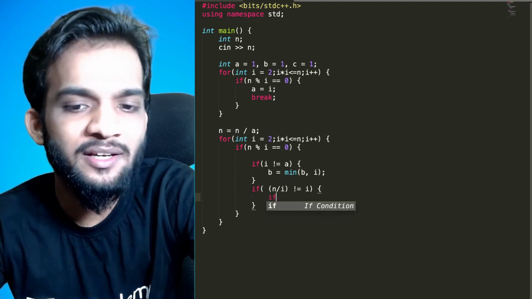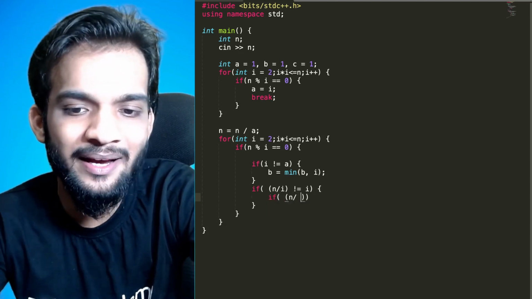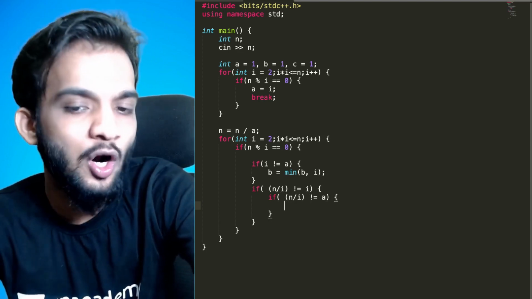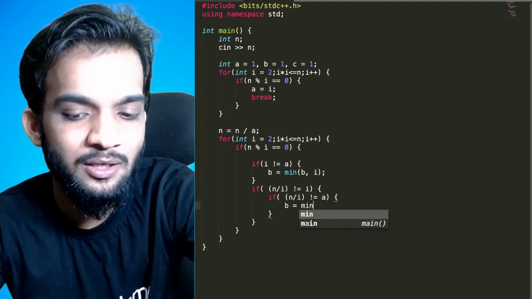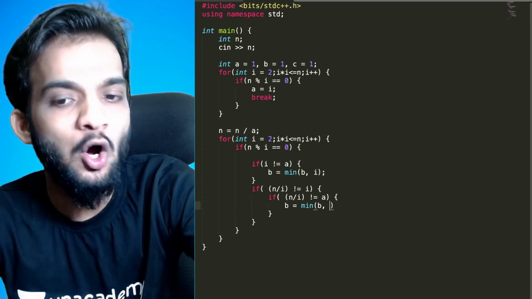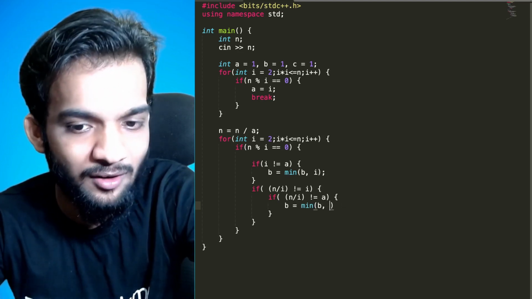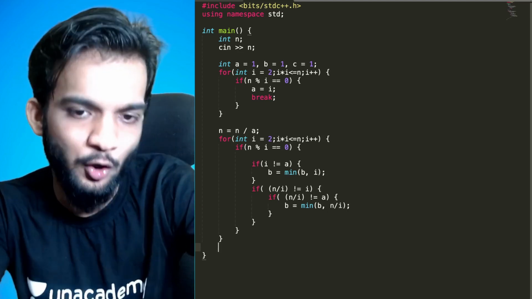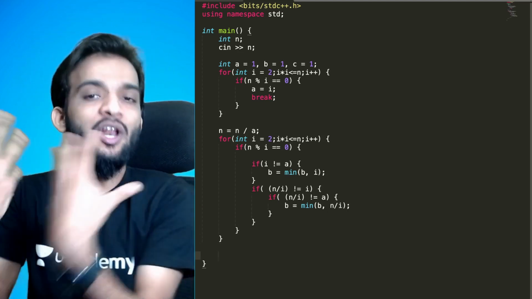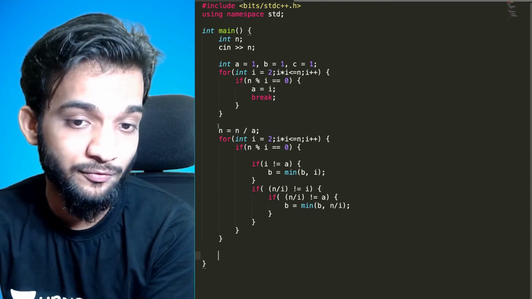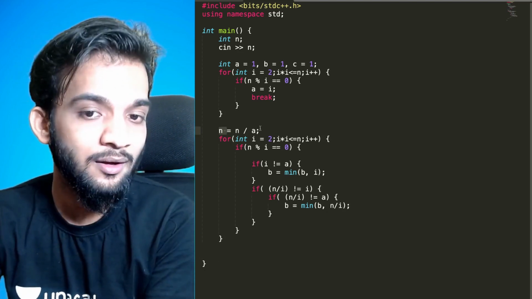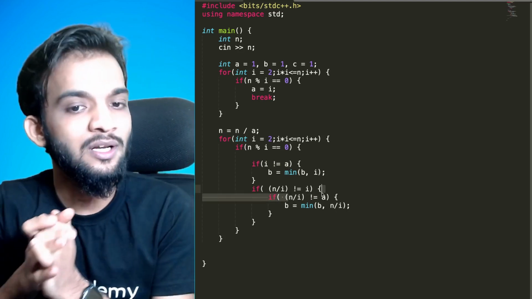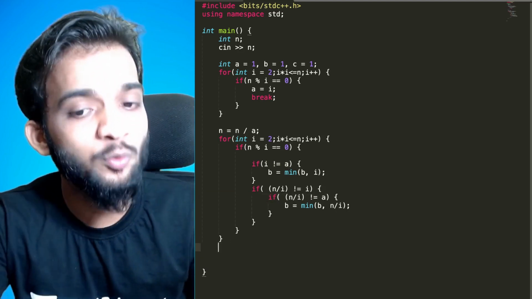I just need to check if n by I is not equal to A. If it is not, can I say B will be minimum of B comma, obviously n by I. So can I say this for loop will make sure I get the smallest factor of n as of now when divided by A, and that's not equivalent to A? I'll be like, yes, we will. So after this for loop, we have B.